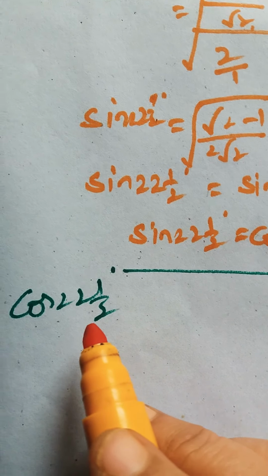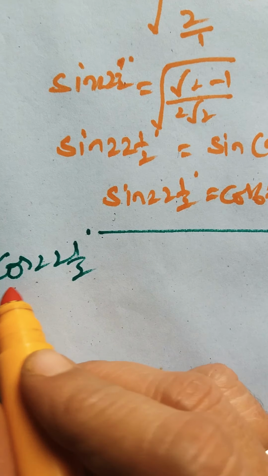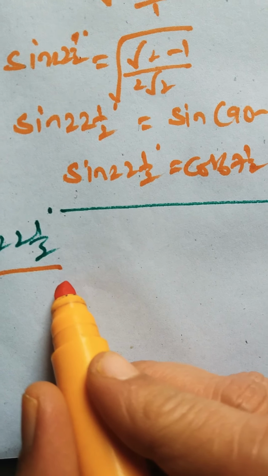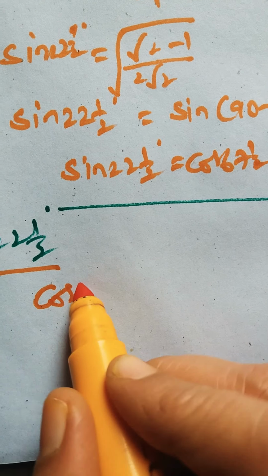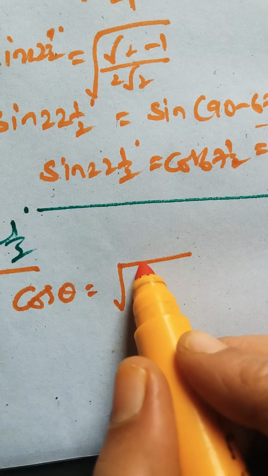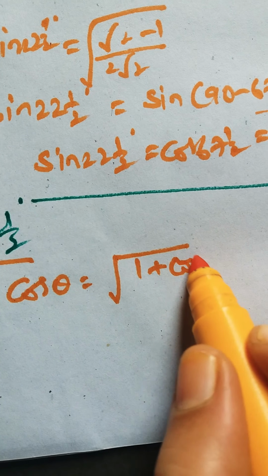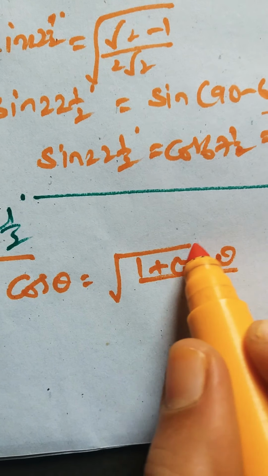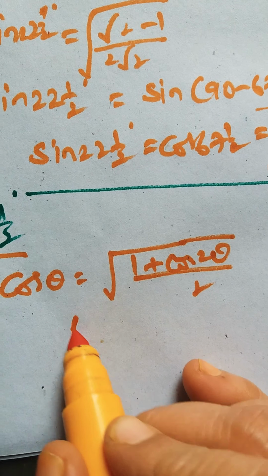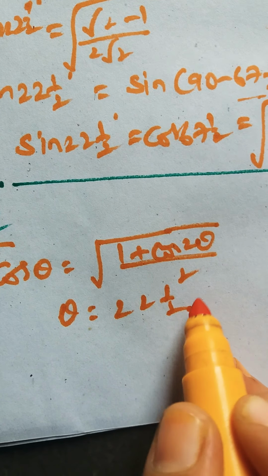Now what is the value of cos 22.5 degrees? To find cos 22.5 degrees, we can use the formula cos theta is equal to square root of (1 plus cos 2 theta) divided by 2. So now put theta equal to 22.5 degrees.